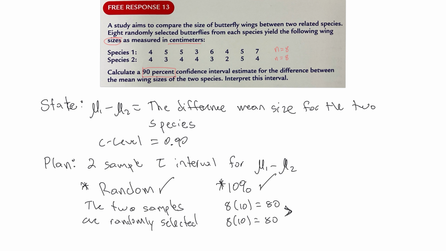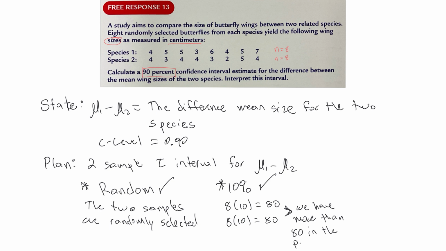Random, yes, is met. I'm going to put here, we have more than 80 in the population. And this is butterflies, more than 80 butterflies in the population. And the third one, you have to check that it's normal.